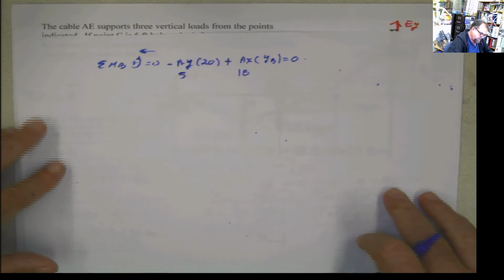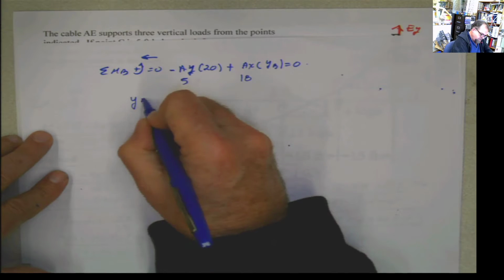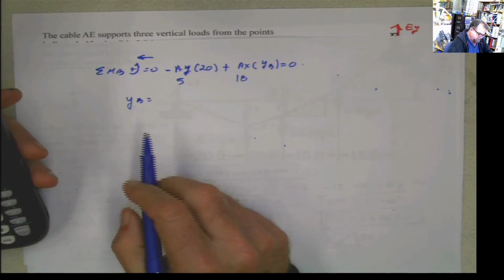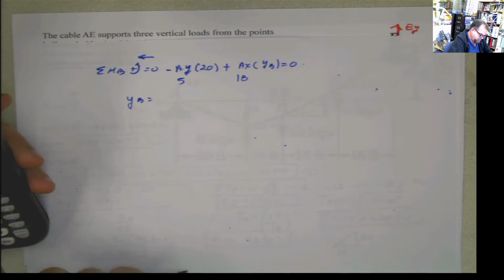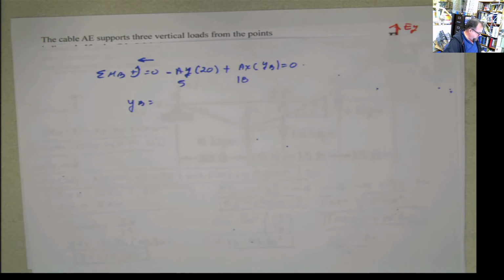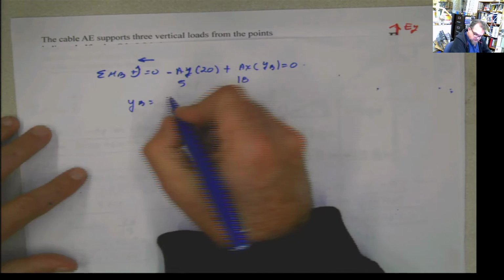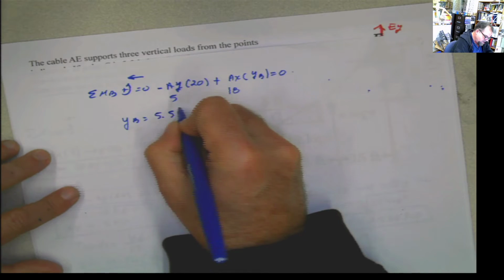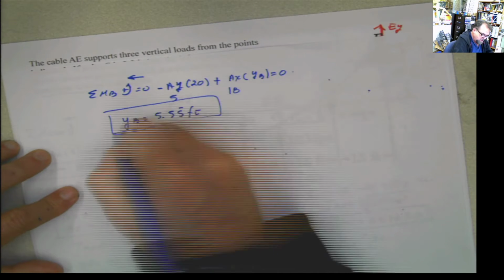So if you solve for YB, then YB is going to be equal to 100 divided by 18, 5.55, or 5.55 periodic feet.